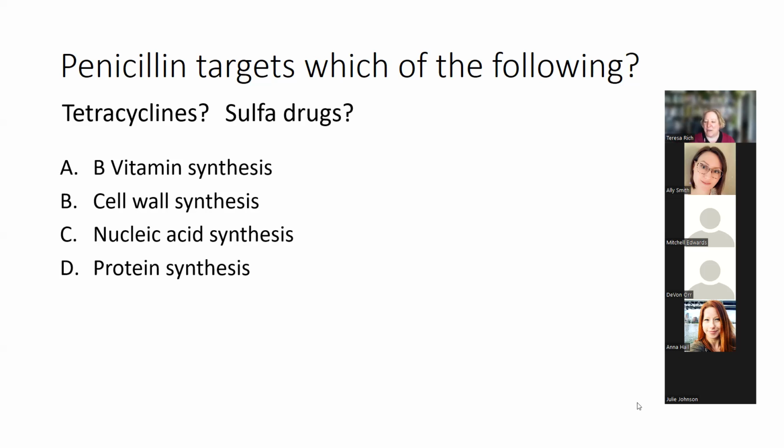Okay, we'll go ahead and end the poll. Okay, we got a three-way tie between B vitamin synthesis, cell wall synthesis, and nucleic acid synthesis.